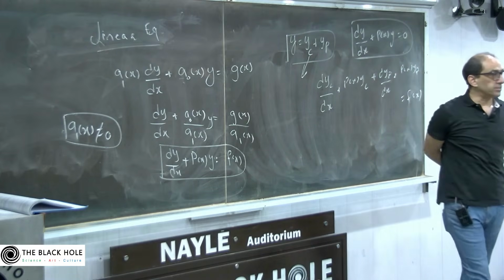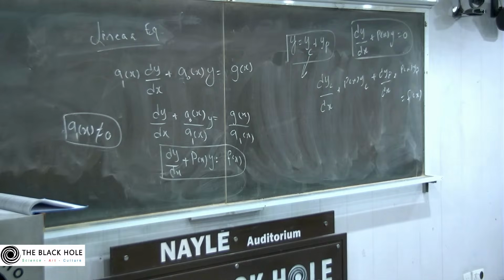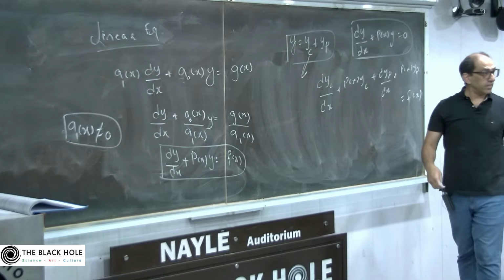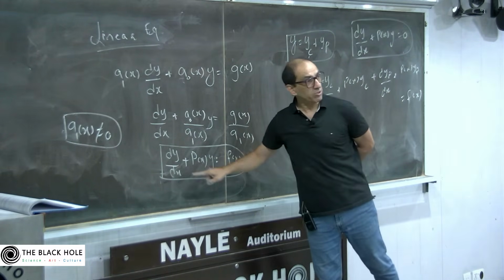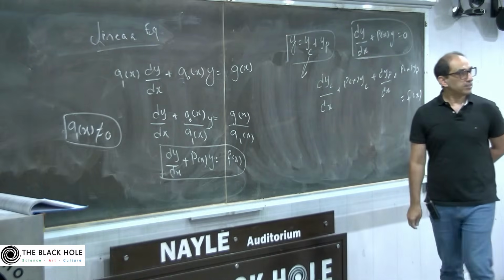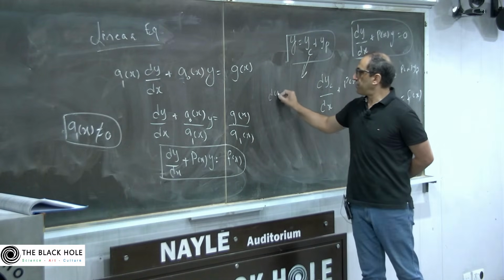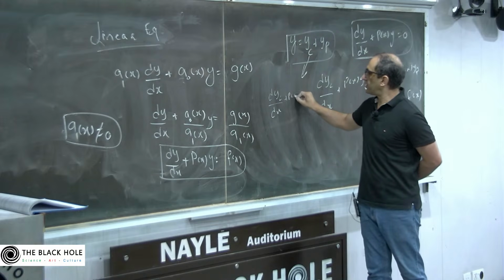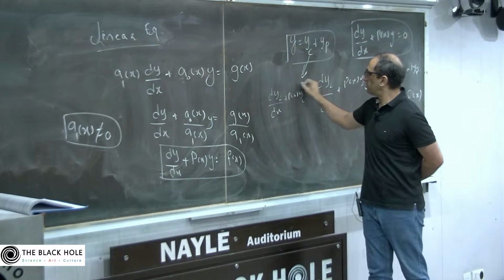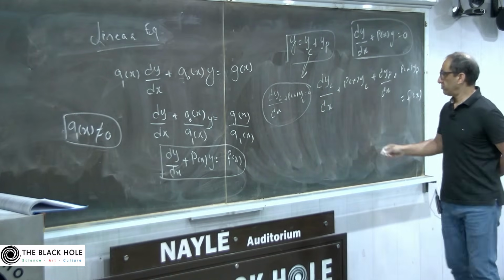And yp means this is the solution of the non-homogeneous part, right? So if yc is the solution of the homogeneous part, what does that mean? That dyc over dx plus p of x yc is equal to 0.